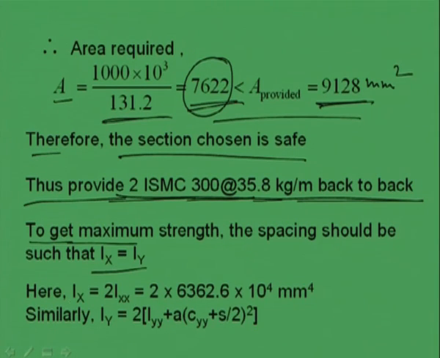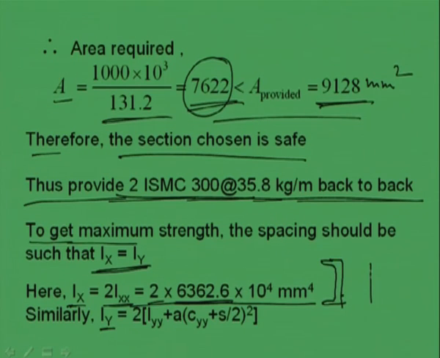If we make Ix equal to Iy, Ix is basically 2 into the individual Ixx, that is the moment of inertia about the x direction of an individual section. Similarly, we can find out Iy. What will be Iy? If we see the orientation of the member, we will see what Iy will be.